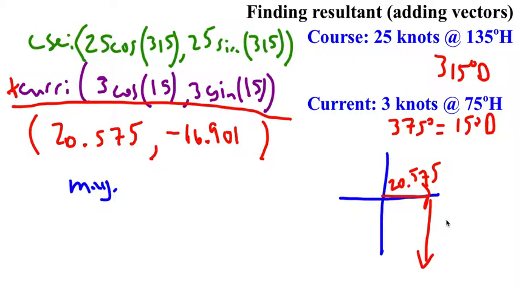The negative serves to put us in the correct quadrant, which is going to be important in a sec. But to find the magnitude, it's a simple matter of finding the hypotenuse.